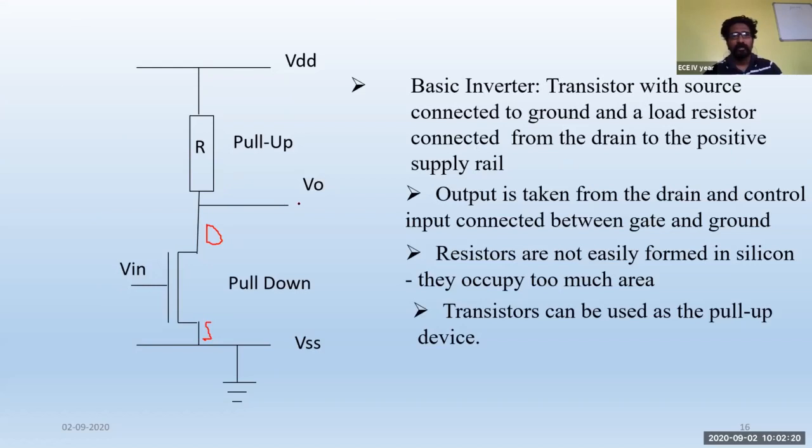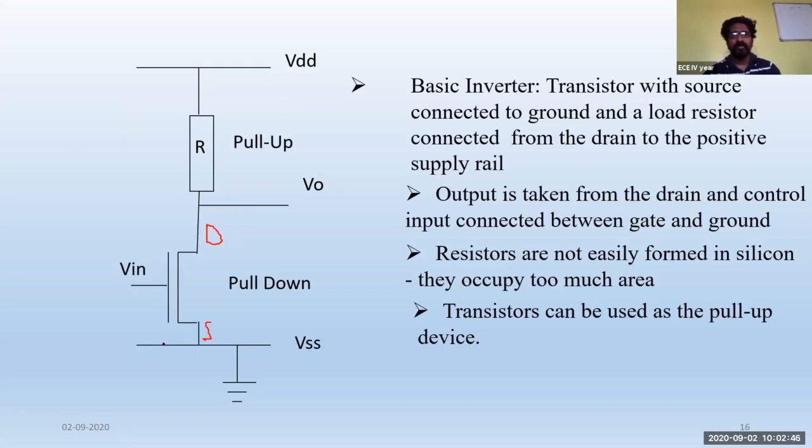Resistors are not easily formed in silicon. That's why we go for using a transistor in place of a resistor. Whenever we use a transistor in place of a resistor, we call that kind of MOSFET a pseudo resistor. A pseudo resistor is nothing else but a transistor used in place of a resistor.